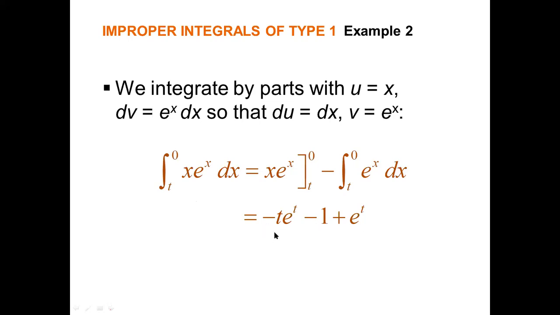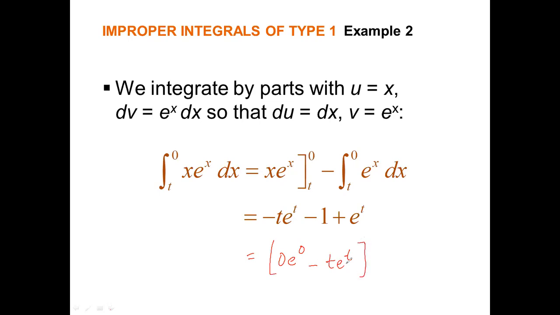You have minus t e raised to t. Now specifically, I will annotate again. For the first part, when you substitute the limit here, you will have 0 e raised to 0. You substitute for the x the zeros, minus then the t for the x, so t e raised to t.